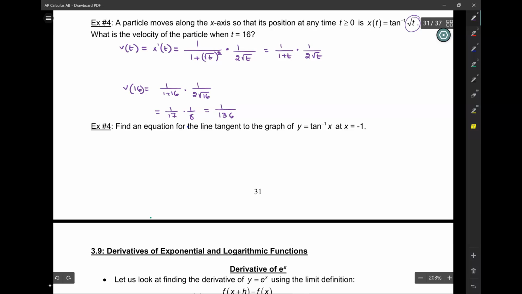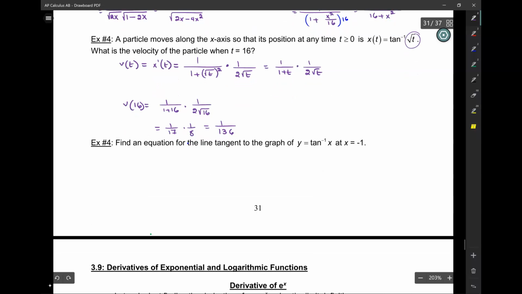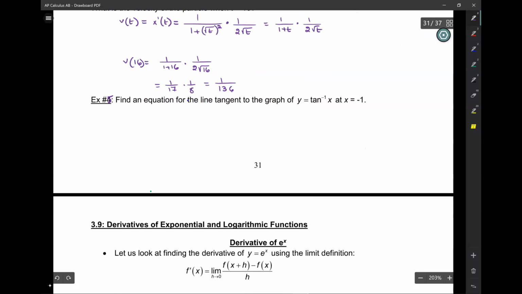Okay, find an equation for the line tangent to the graph of inverse tangent of x at x equals negative 1. This is example 5. So what's y prime, or what's dy/dx? 1 over 1 plus x squared.